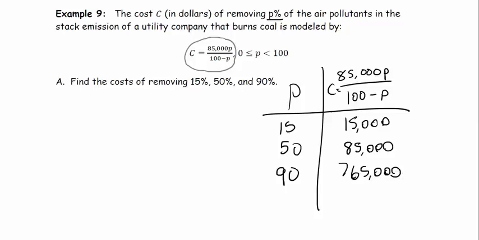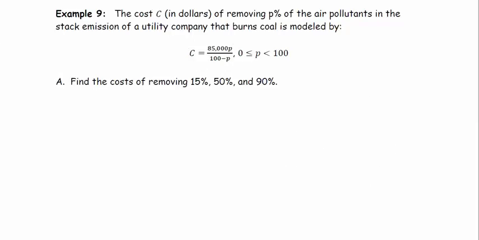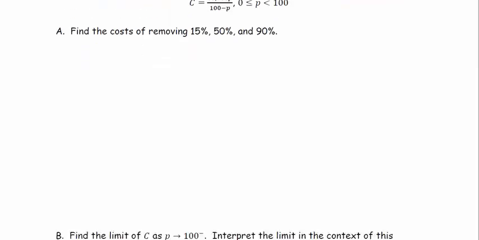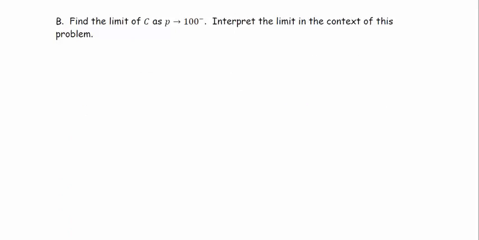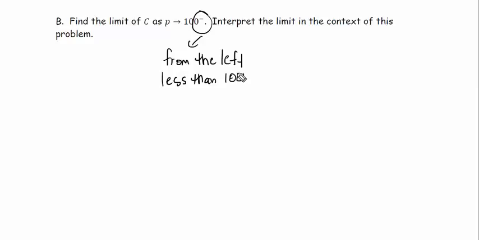Now part B. I think part A is easy, just substituting in the numbers. But I want to find the limit as P approaches 100, and remember this is from the left, meaning that the numbers are less than 100, then interpret the limit in the context of this problem.